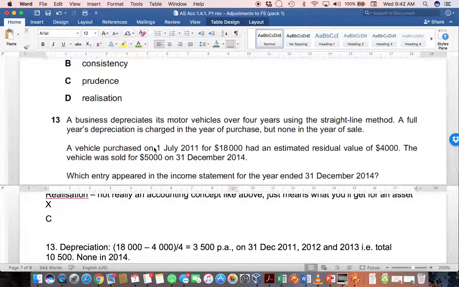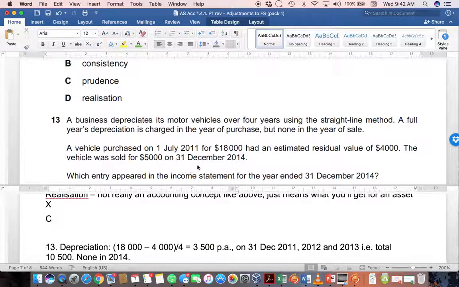You would depreciate it first on the 31st of December 2011. That is your first financial year. And even though you've only had it for 6 months, the instruction tells me that we're going to charge a full year's depreciation then regardless. So we will charge the full $3,500 in 2011, also in 2012, and in 2013.